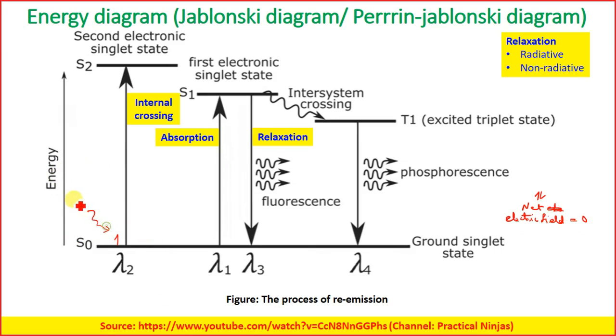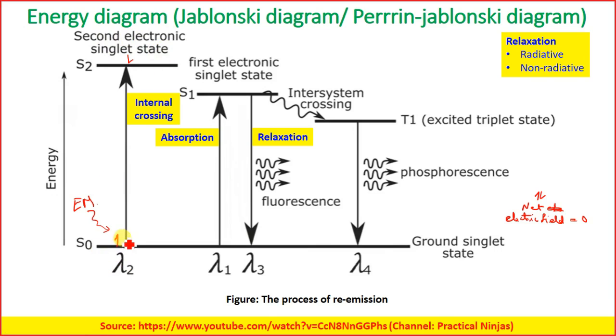irradiating the molecule with the radiation, one of the electrons may stay at the ground singlet state, and the other will move to the higher energy level. But if you see, it is a singlet state also. Here also it is in singlet state.